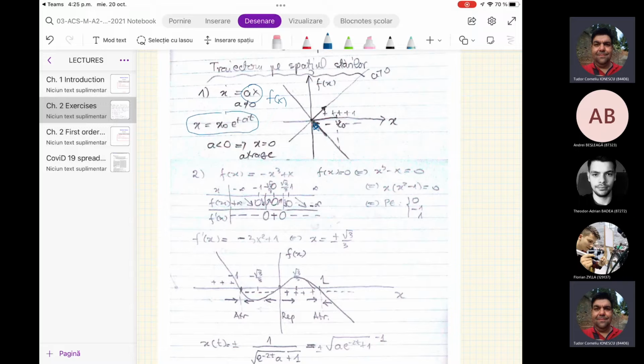When the slope is positive, zero is a repulsor, then zero is unstable. So this is another explanation of the fact that for linear systems you need to look at the negative and positive real parts of the eigenvalues of the matrix A.